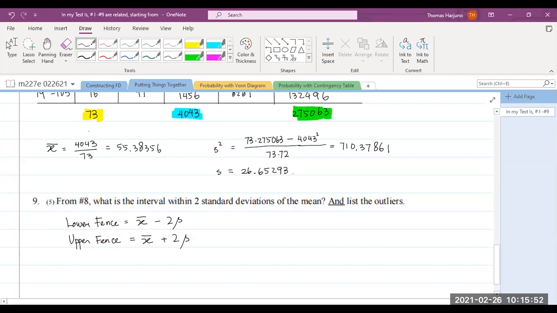Oh, I just need three decimal places. Okay, round the final answer to 3 decimal places, remember? So I will use these, and I will use this.